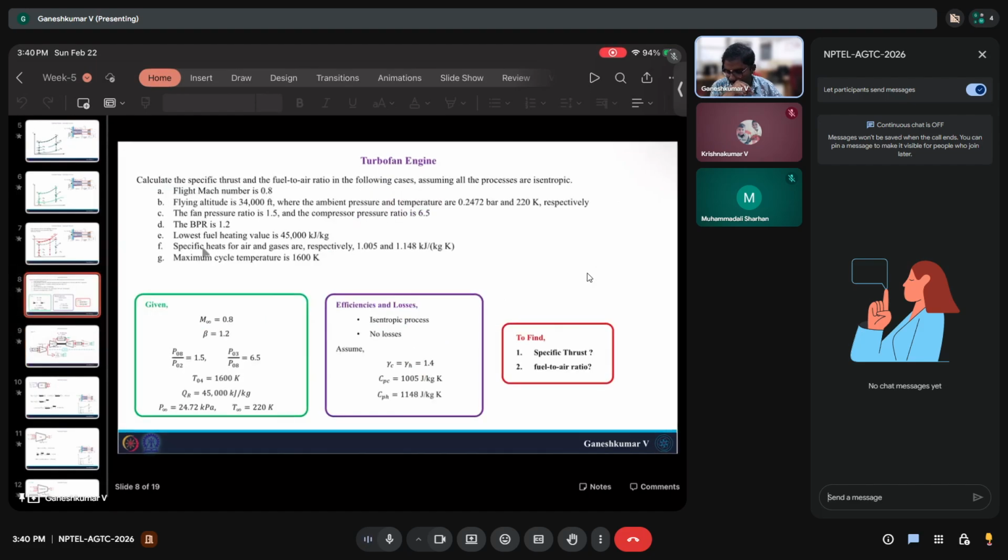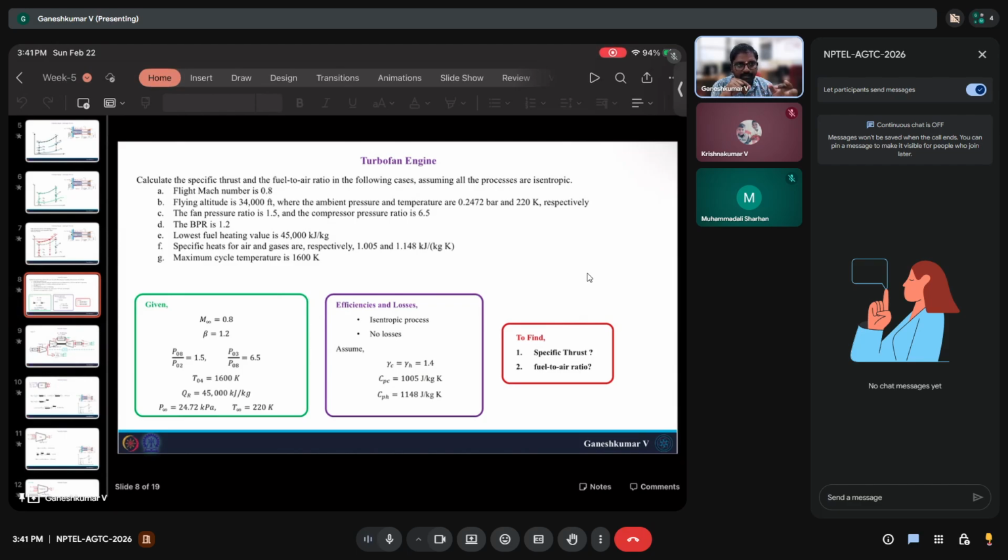Next week we will talk about turbofan engines with a two spool configuration. Here it's just a single spool. In two spools, you have the compressor and fan. The compressor will be divided into a low pressure compressor and a high pressure compressor, and the turbine will also be divided into a high pressure turbine and a low pressure turbine. The high pressure turbine can run only the high pressure compressor, and the low pressure turbine can run the low pressure compressor and the fan.